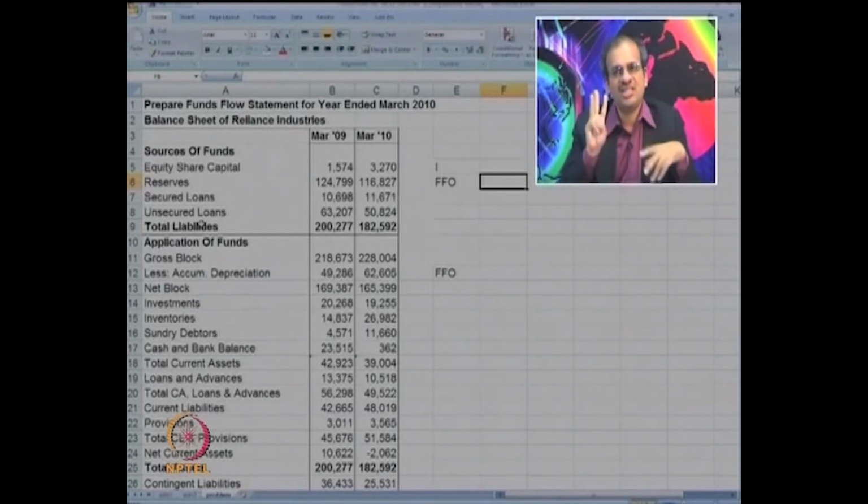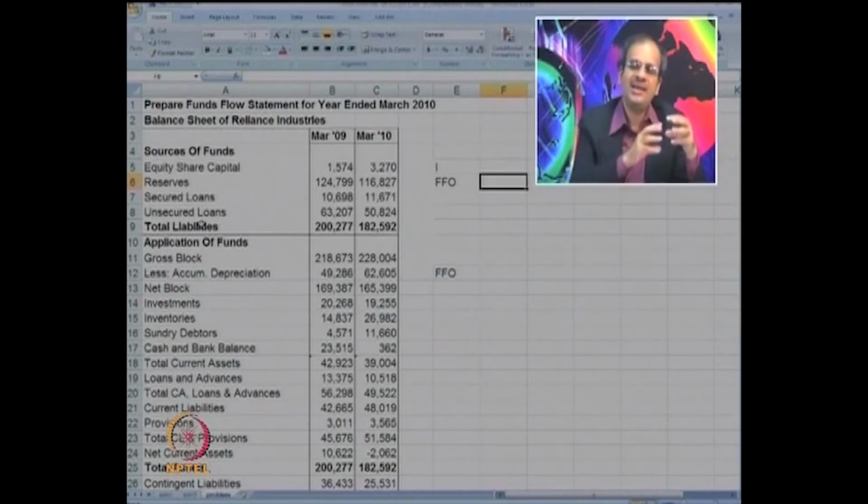So, we will make 3 statements. First, we will make a statement for fund from operation, second we will make a statement for working capital, and then we will finally make what is known as the funds flow statement.